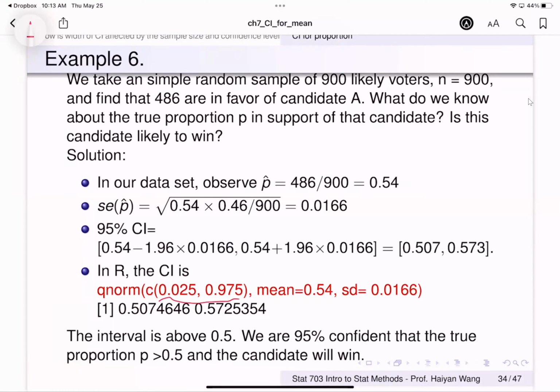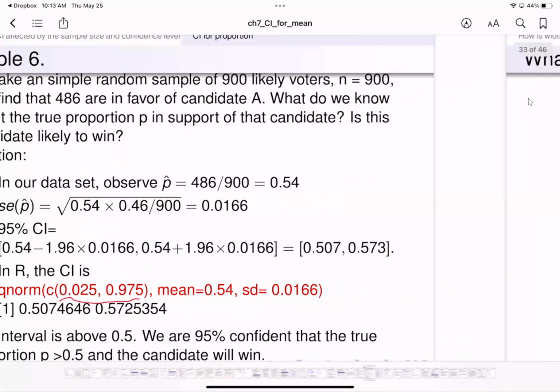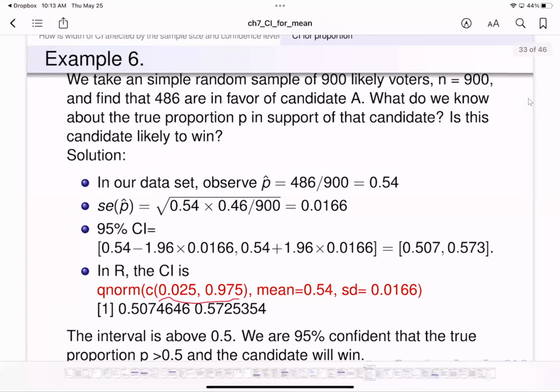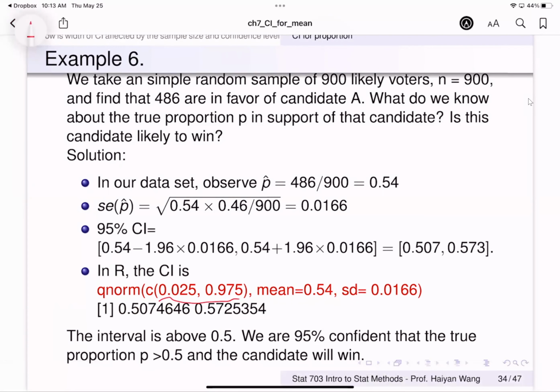So we put this mean 0.54 and standard deviation 0.0166 there. That gives us the confidence interval. Okay, so that's example 6. For this example, however, p hat is close to 0.5, so we didn't need n to be too large for the central limit theorem to be applied and stay valid.